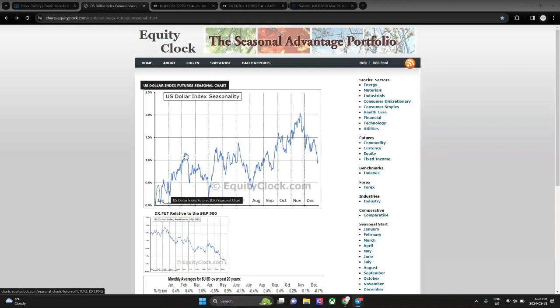So right here in March, where the dollar usually tops, I would be looking for a reversal in EUR/USD, GBP/USD, the Nasdaq. I'd expect them to go higher when the dollar is supposed to go lower. Same thing here.